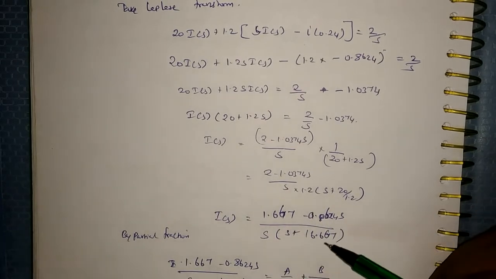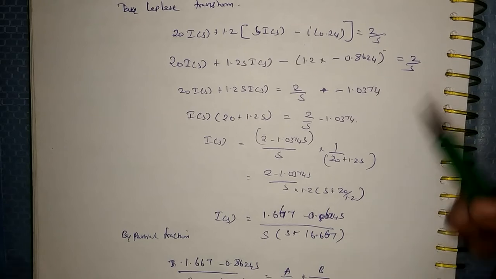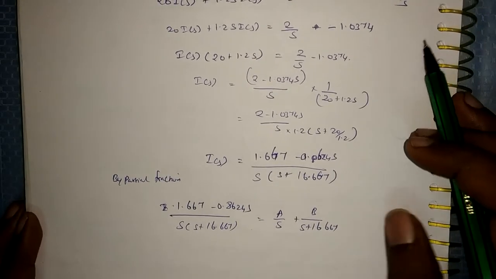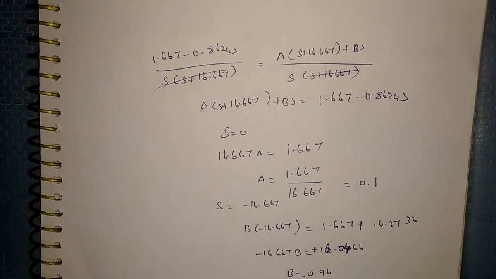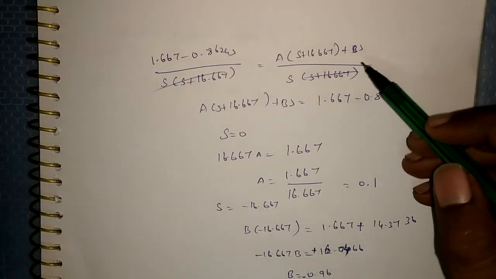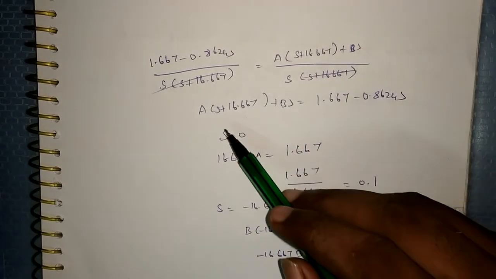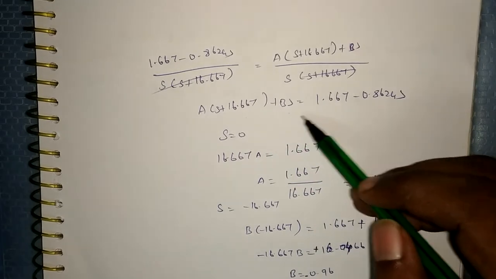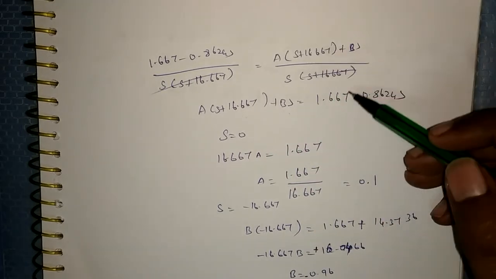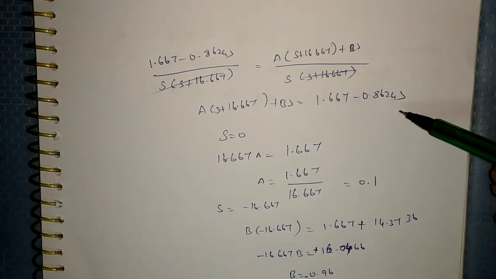By partial fractions, I can write this equation equal to a by s plus b by s plus 16.667. Take the LCM and cancel the denominators on the other side. So I get a multiplied by s plus 16.667, plus b s, equal to 1.667 minus 0.8624 s.